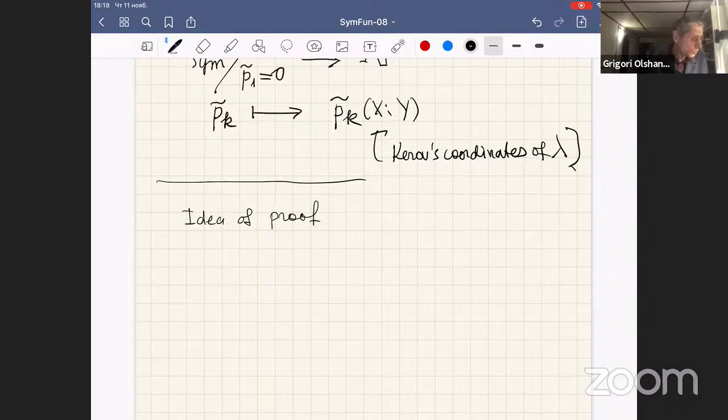What I will prove essentially is as follows. Let's introduce another function, g, which is by definition the following.